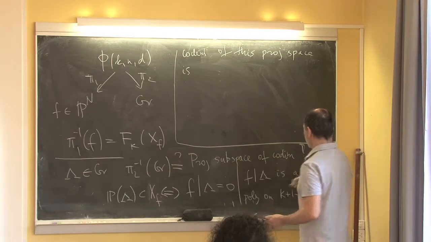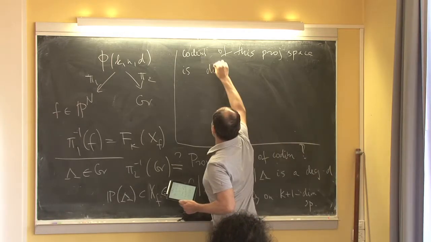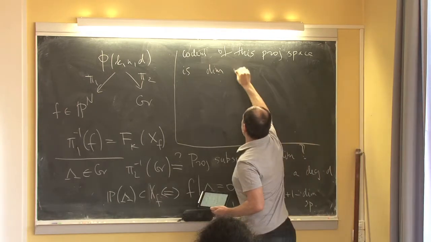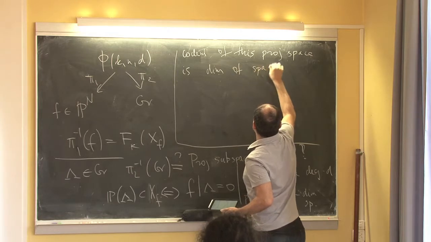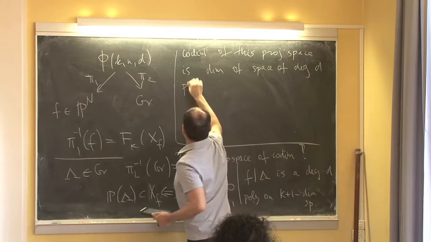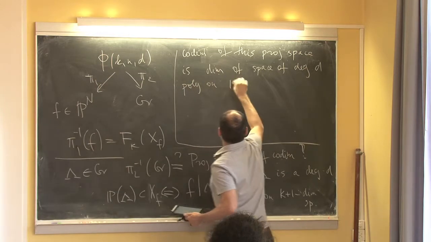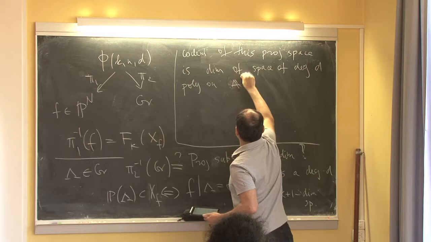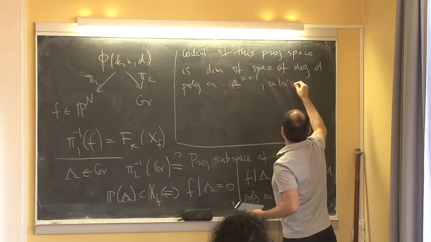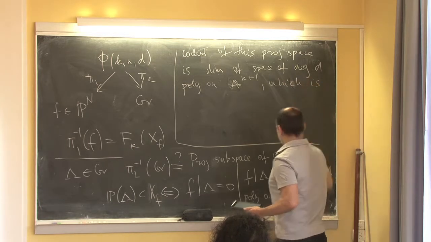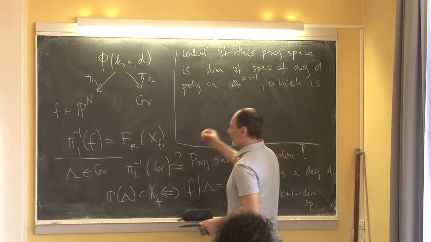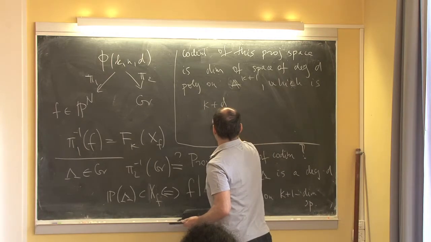Is precisely the dimension of this possible space of all polynomials, the space of degree d polynomials on a k plus 1, which is just k plus d choose d.